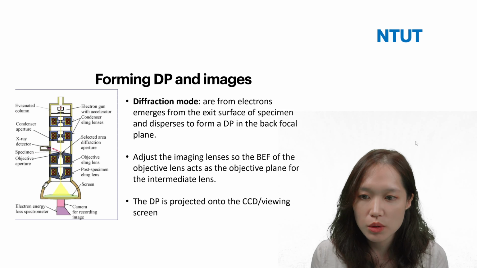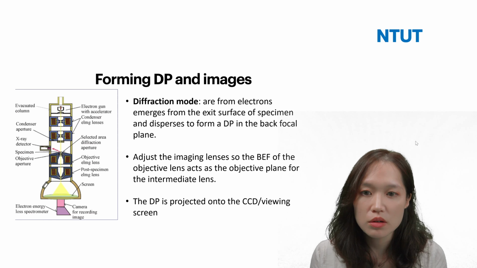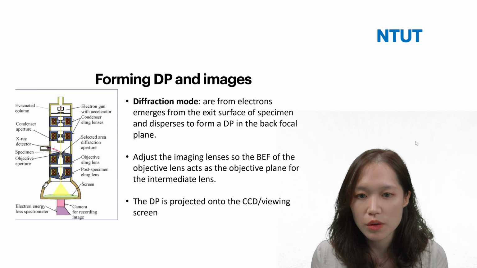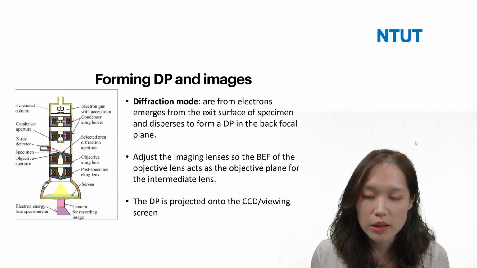So here we're dealing with the diffraction mode, which means that the electrons emerge from the exit surface of the specimen and disperse down to form a diffraction pattern in the back focal plane.